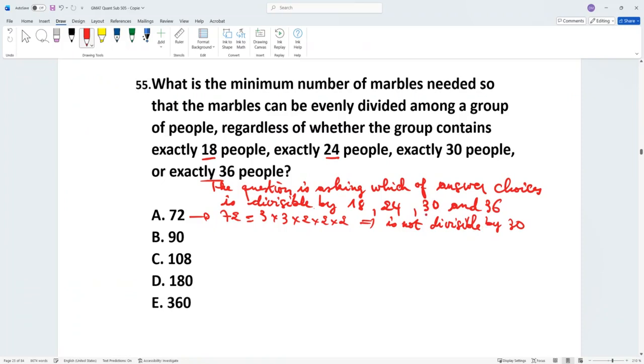Because the answer we're looking for must be divisible by all four numbers here.